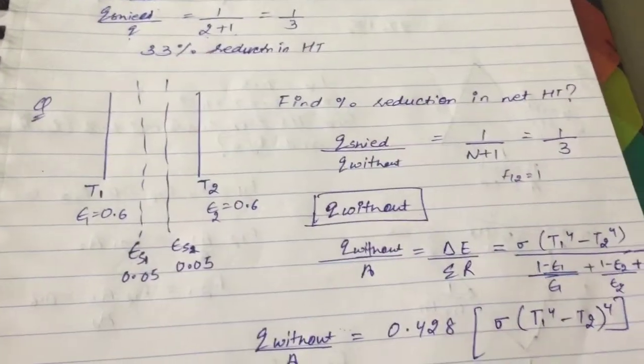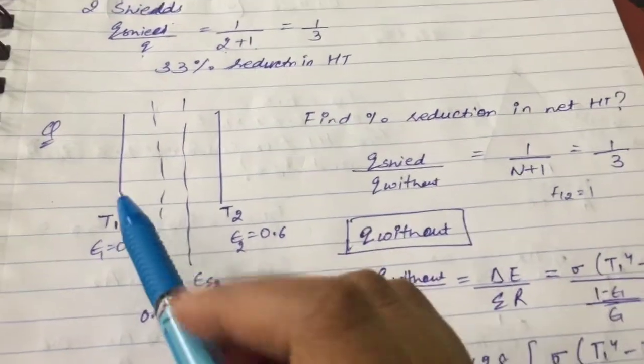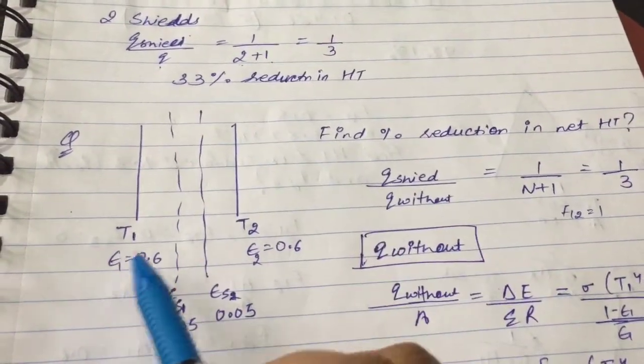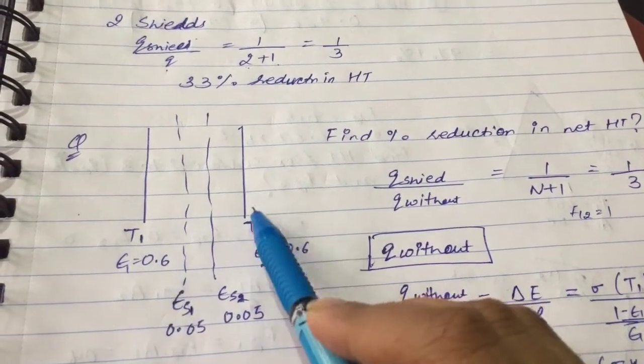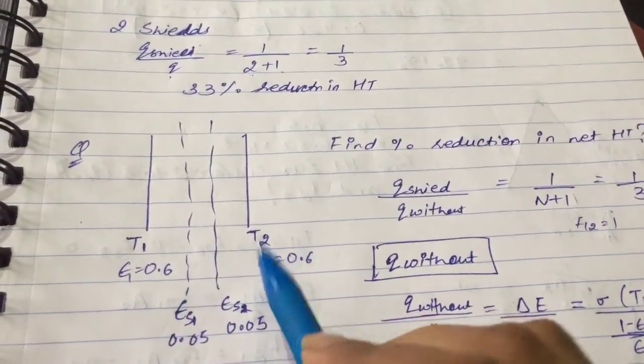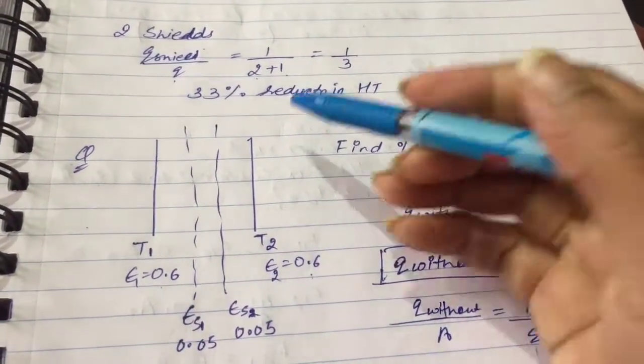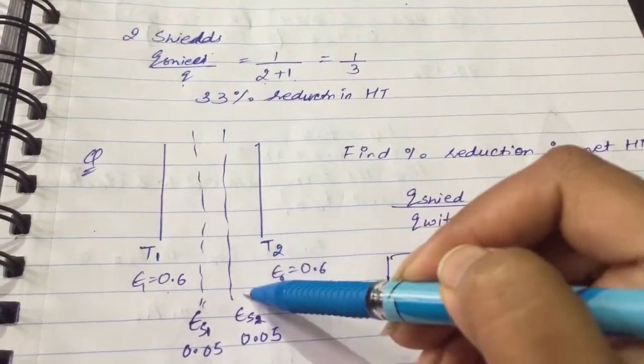Next question is, we have to find the percentage reduction in net heat transfer. We are given two plates at temperatures T1 and T2, and epsilon 1 and epsilon 2 of both plates are the same, being 0.6 and 0.6, and two shields are added between these plates.